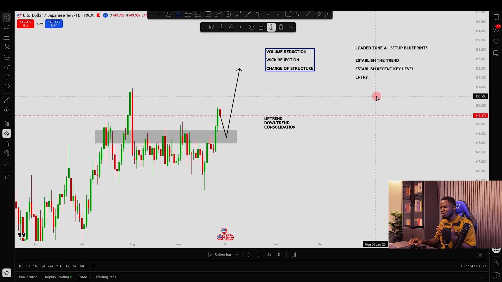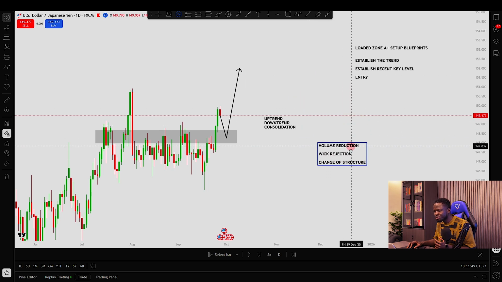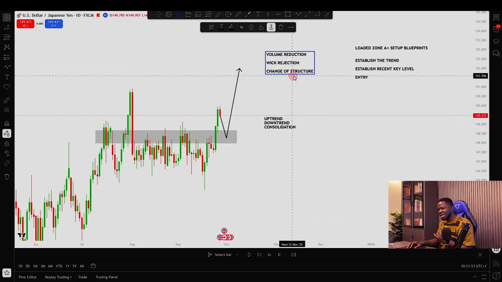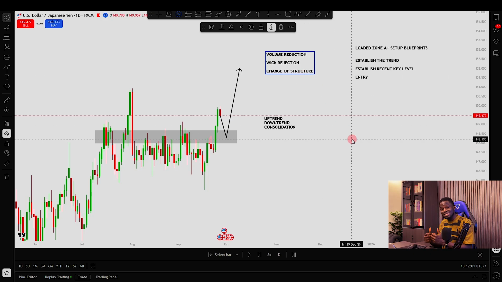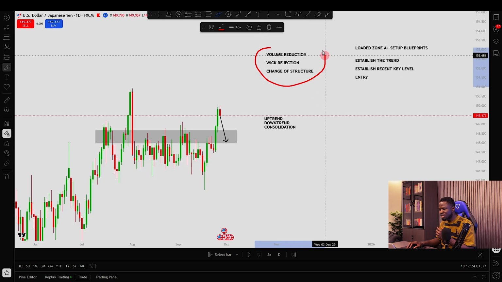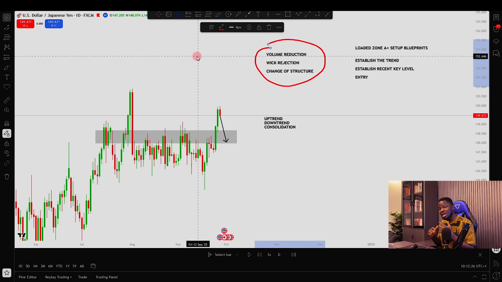Number one, we have our volume reduction. Then we have our weak rejection and our change of structure, as explained at the beginning of the video while analyzing the gold market. If price action sells down to this zone, we want to see the presence of these entry criteria before we trigger our buy position.